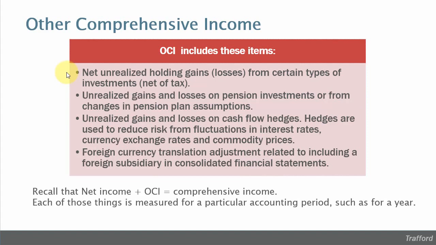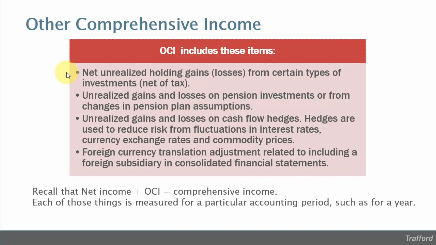For example, it's generally this category of investments that are defined as available for sale investments. If a business invested in bonds of another corporation and they did not intend to hold those bonds until maturity, then that investment in those bonds would likely be considered to be an available for sale investment.